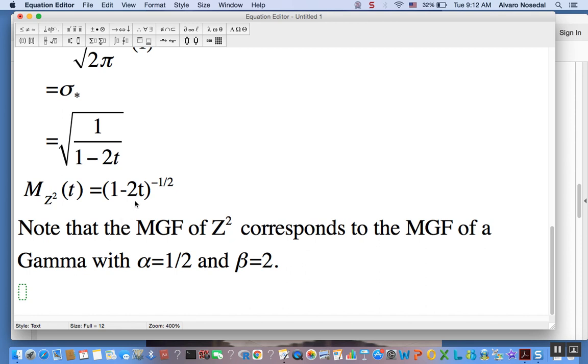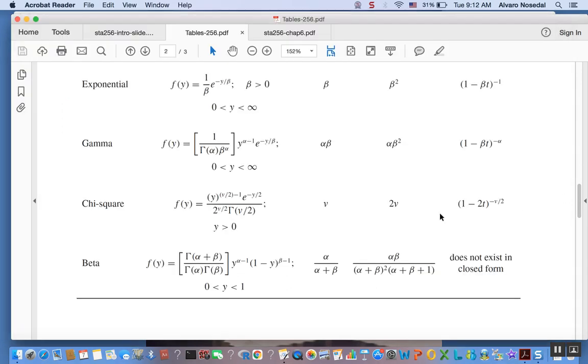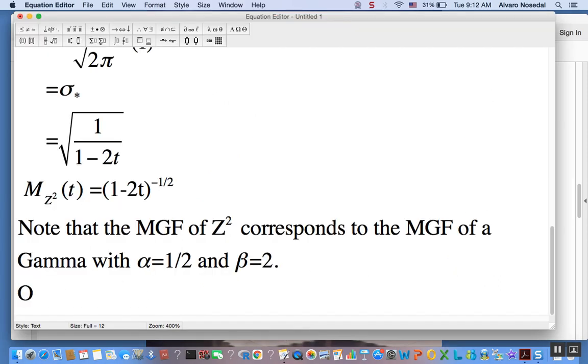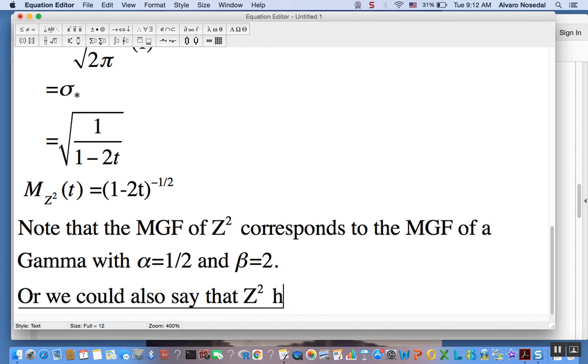So in this case, another possible answer would be that Z squared has a chi-square distribution with 1 degree of freedom. Make sense?